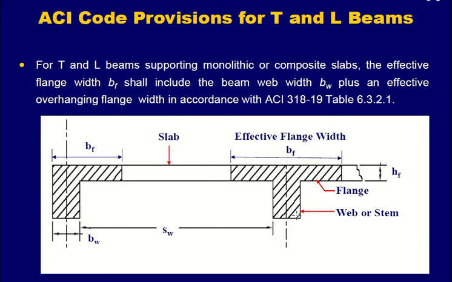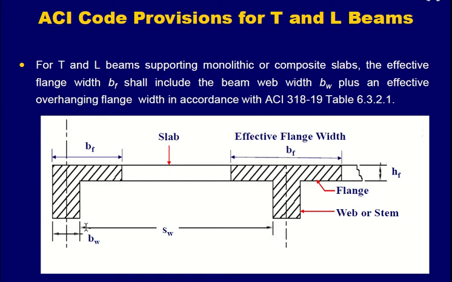Okay, so this we called as web, and this we called as flange. The height of slab in this case will be called as height of flange. Okay, and width of flange BF and HF. So you should be careful with these terminologies.